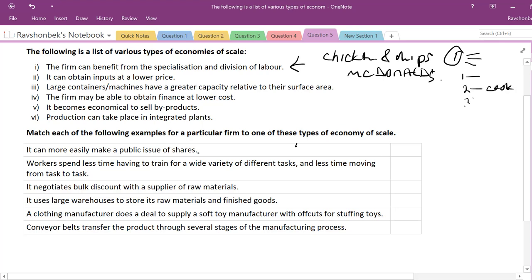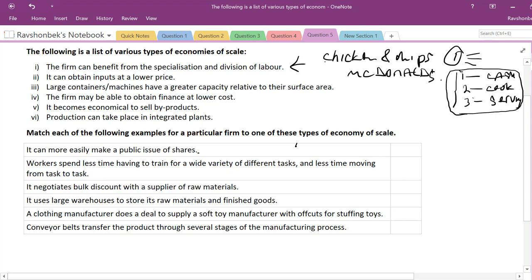The third person will be dealing with serving. The task is split among 3 people. As a result, McDonald's can serve more people per unit of time than the chicken and chip shops, and they are large enough to do that.